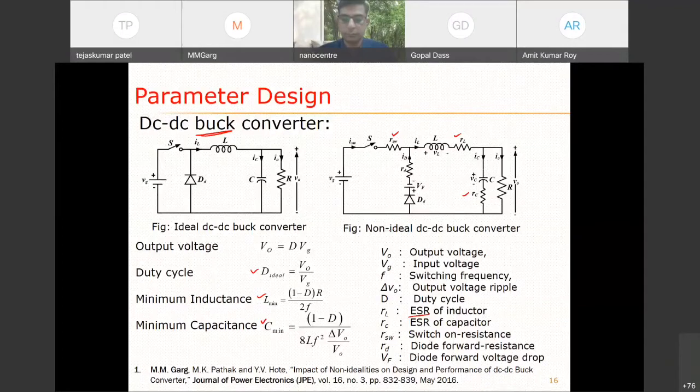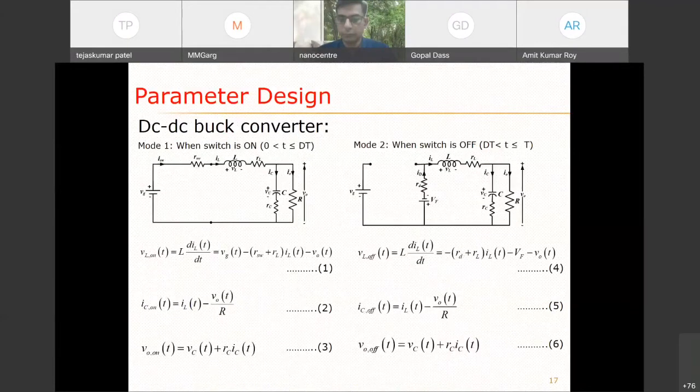So what are the different parasitics? In the capacitor, we have ESR; in the inductor, we also have ESR, the equivalent series resistance. Basically, whatever losses are there, we represent with a certain kind of resistance. When the switch is on, it will also have conduction losses, defined by RSW.